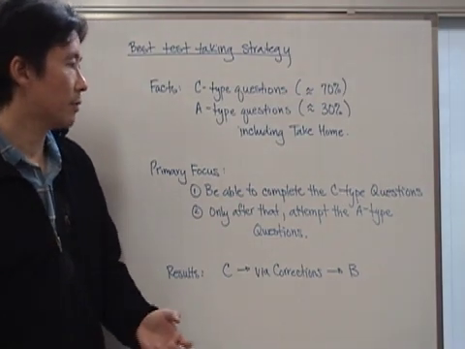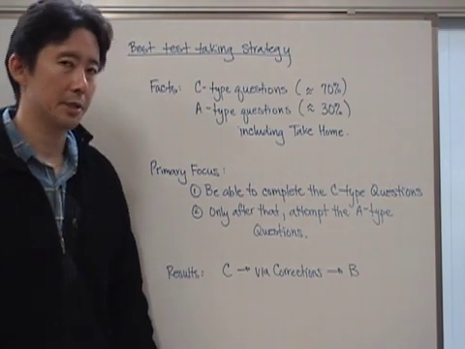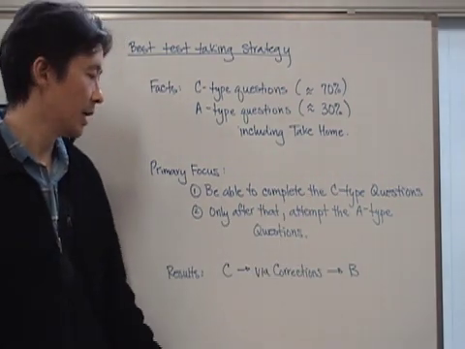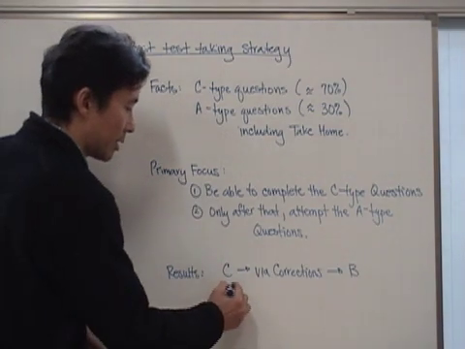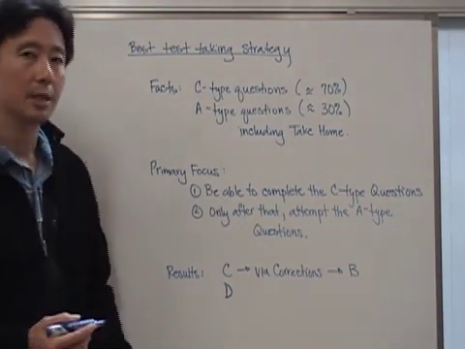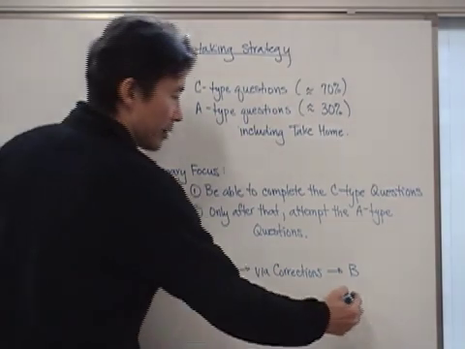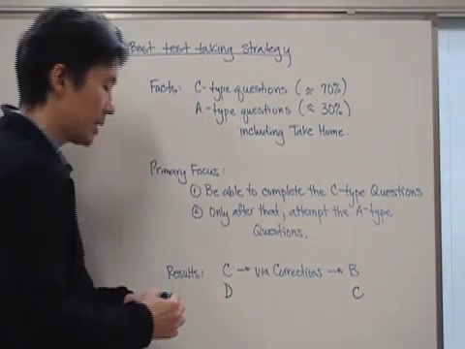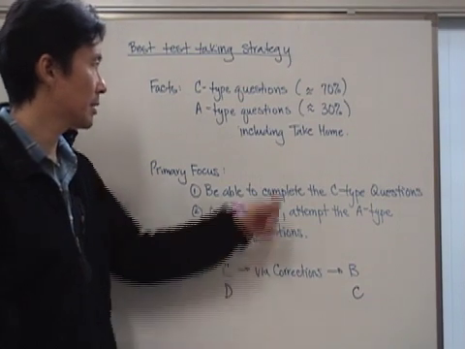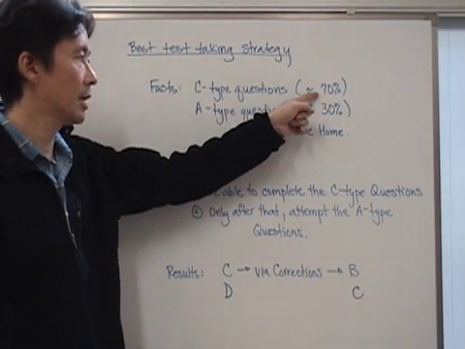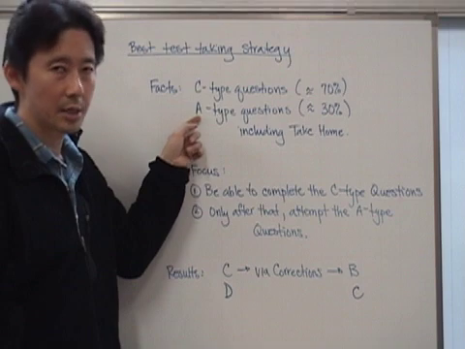Now, say for example you don't focus on the C-type questions and you try to do the A-type questions, and you get possibly a D or an F because you were not able to do many of the C-type questions. Even via the corrections, you're only going to be able to get a C. And if you think about what this represents, you don't know enough about this information, and you probably didn't do very well on this either.